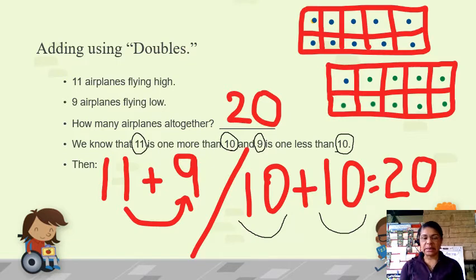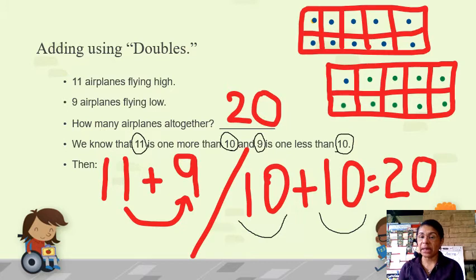Now, since this is a big number and I wasn't too sure about it, I decided to double check using 10 frames. And I put my 10 blue dots on a 10 frame, and then I put this blue dot here because it was 11 airplanes flying high. Then I used green to plug in my 9 airplanes flying low.